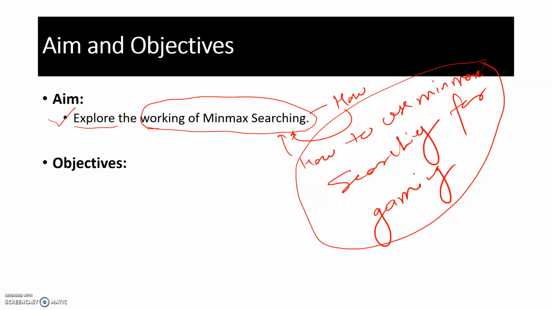So to achieve this aim, I have enlisted 4 different objectives. The first objective is refactoring of programming code. This is part number 1 of week 7, and in this part we'll discuss the first objective, that is refactoring of the programming code.